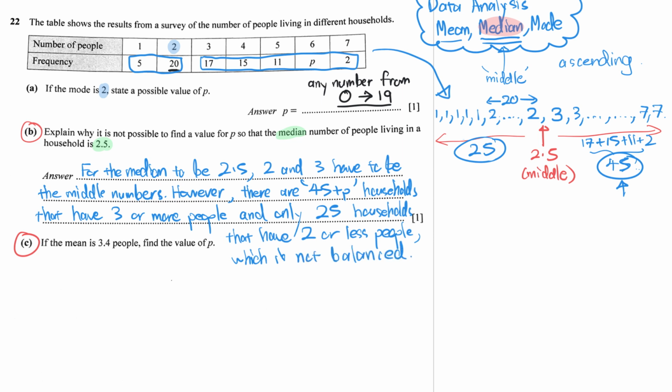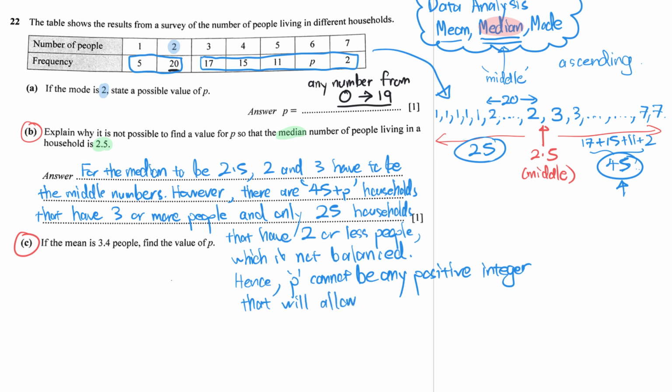We want that middle number. Hence, P cannot be any positive integer or whole number that will allow the median to be 2.5.